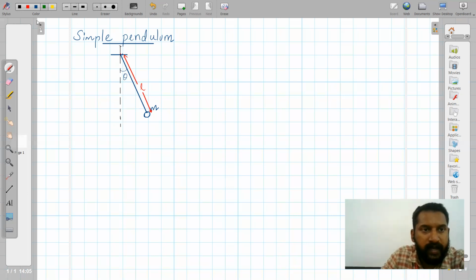At this position, that is at an angle theta from the vertical, the forces acting on the system are, one, of course its weight, mg, which is always vertically downward, and the second force is the tension T acting on the string.